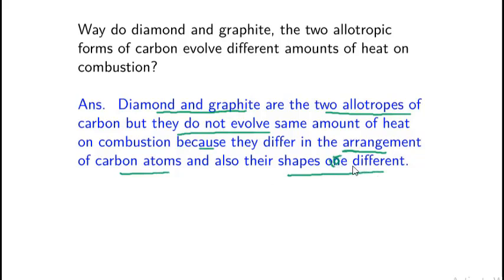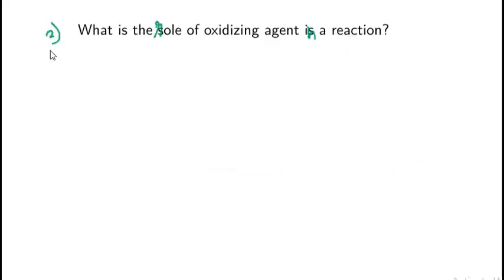So the allotropic forms of carbon, that is diamond and graphite, have different arrangements of carbon atoms. That is the reason why they release different amounts of heat on combustion. So here the second question is, what is the role of an oxidizing agent in a reaction?